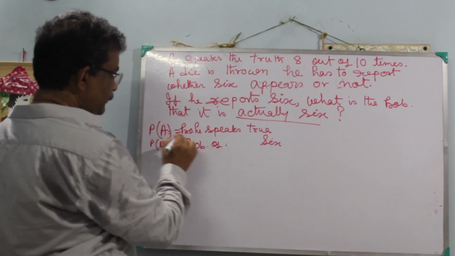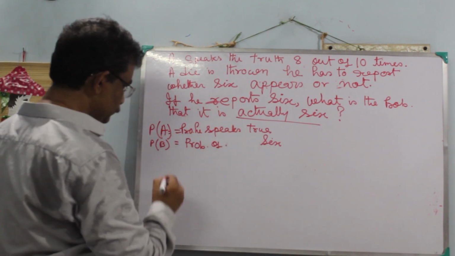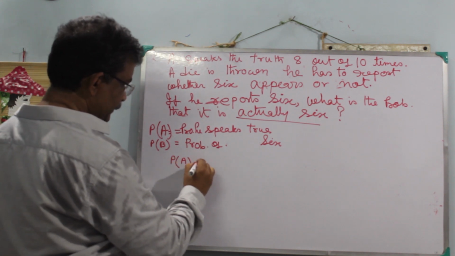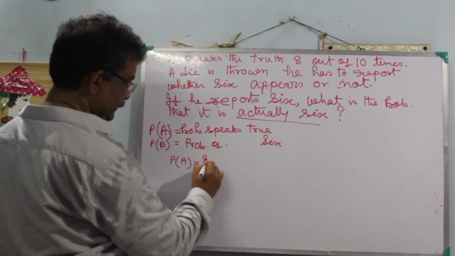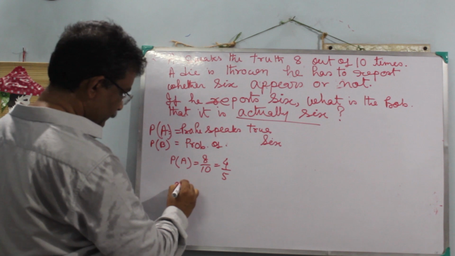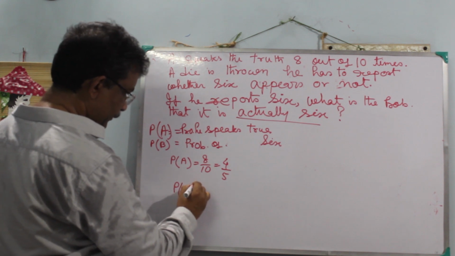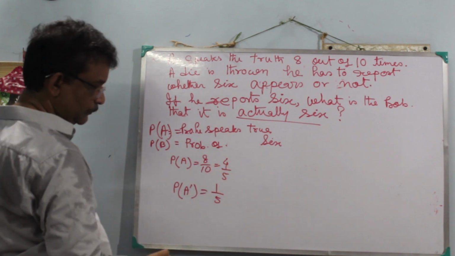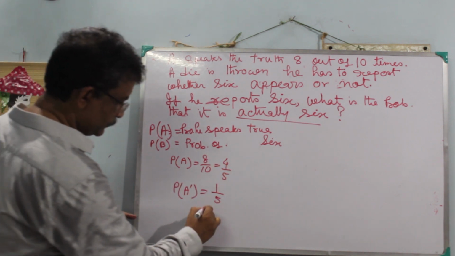So let A be the event that he speaks true. So probability of A is 8/10, that means 4/5, and probability of speaking false, A complement, is 1 minus 4/5, that is 1/5. How much total? Total is 1.